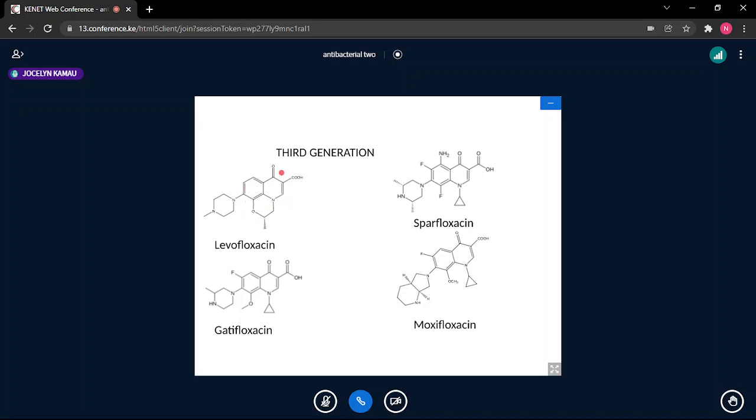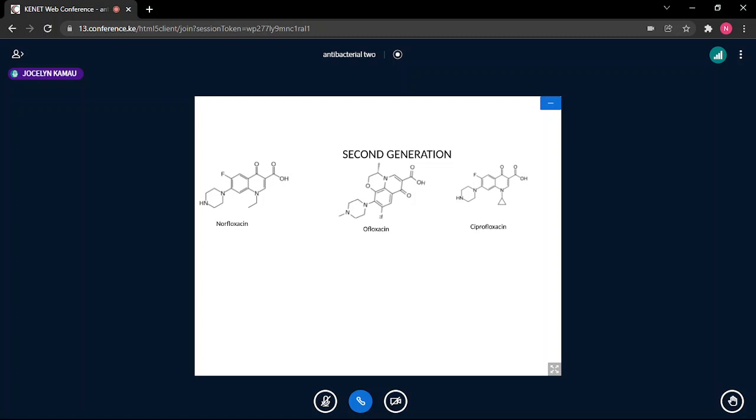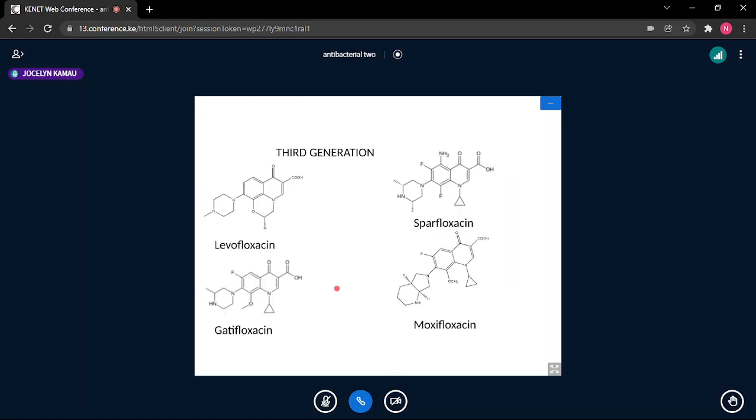The drug is tricyclic, but of importance, kindly note that that group is still retained.